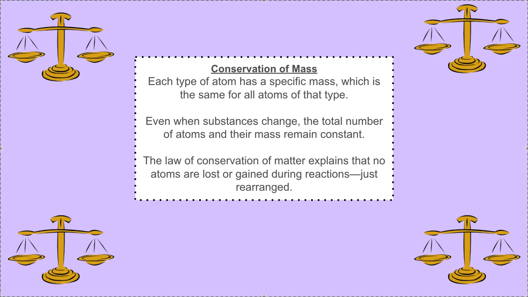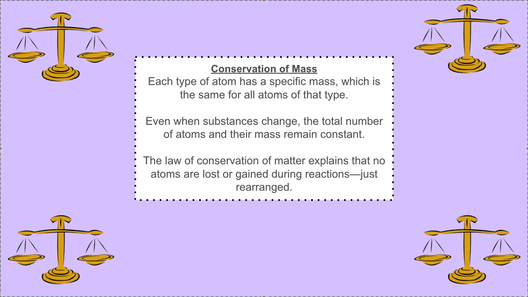Even when the substance changes to something new, the total number of atoms and their mass remain the same. So basically, you don't lose any atoms when you do a chemical reaction. They stay constant. And this is called the law of conservation of matter, or the law of conservation of mass. It just means that you do not lose or gain atoms during a chemical reaction.